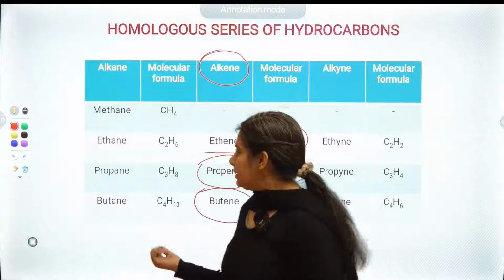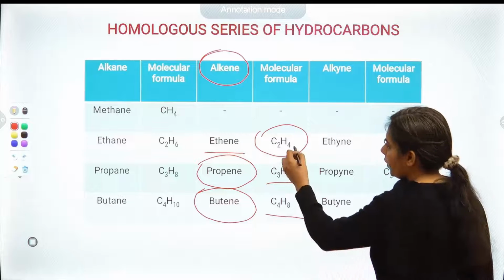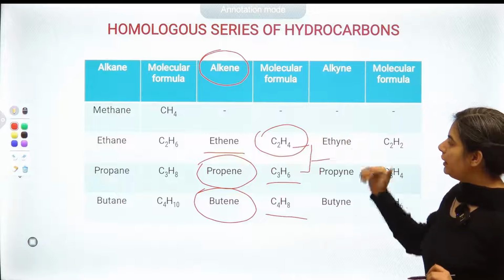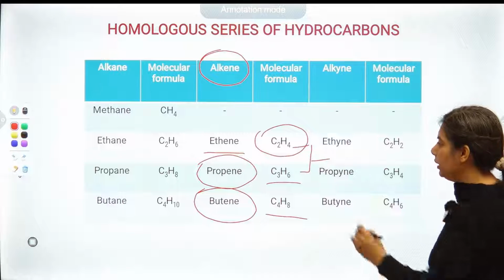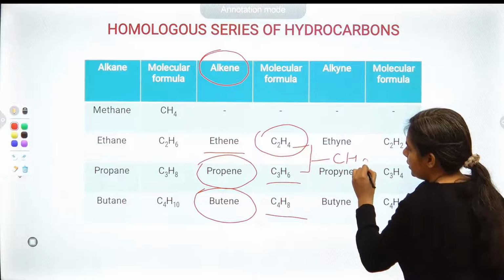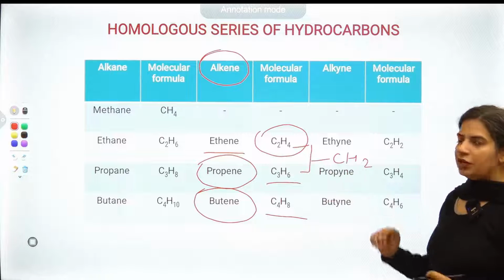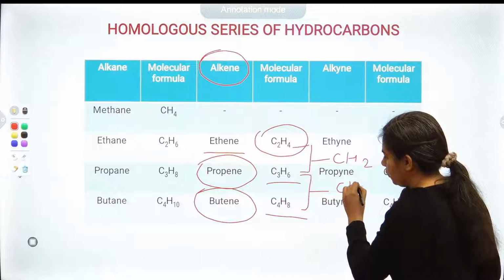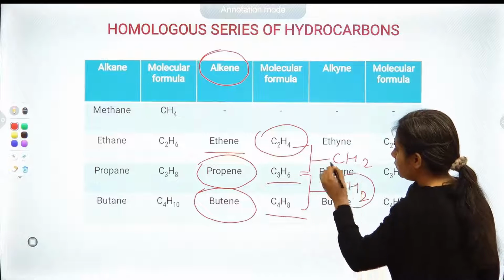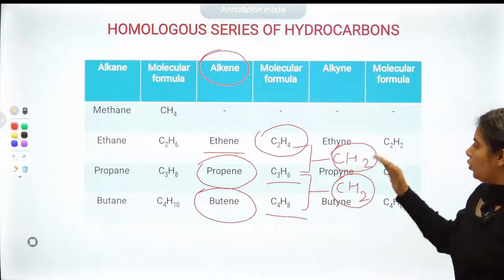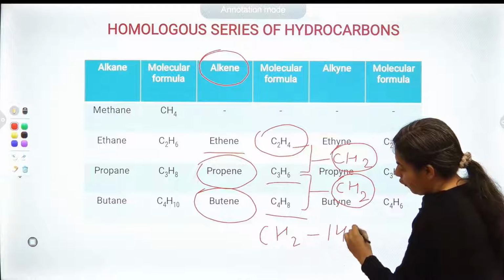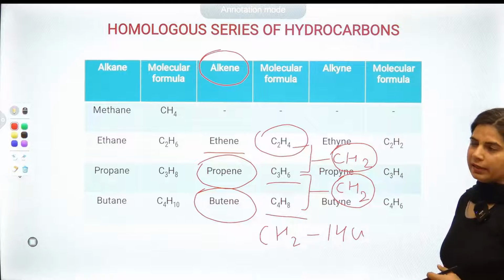Now, let's see the difference. Here, the difference between ethene and propene molecule is CH2. And the difference between propene and butene is CH2. So again, for CH2, we have the difference of 14 units collectively.